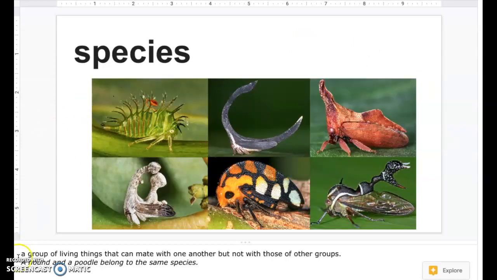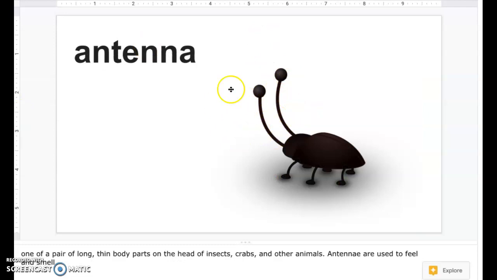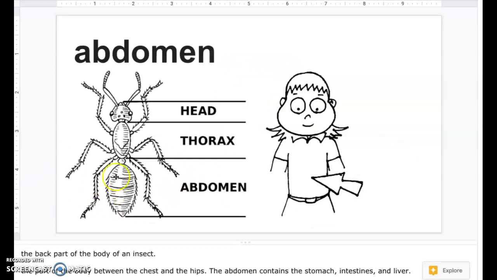A species is a group of living things that can basically mate with one another, but they cannot do that with other groups. Like insects is a type of species. Antenna is the pair of long, thin body parts on the head of insects. We've seen these. Abdomen is the back part of the body of an insect, all right?